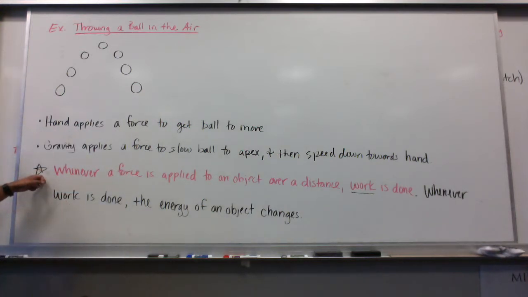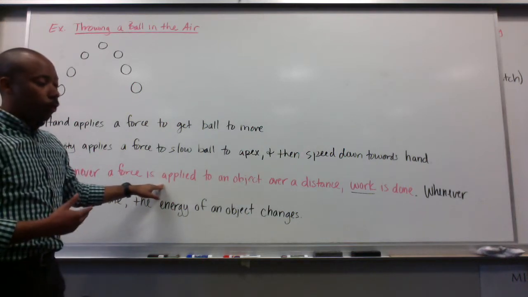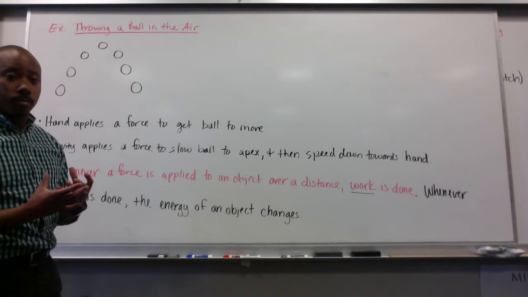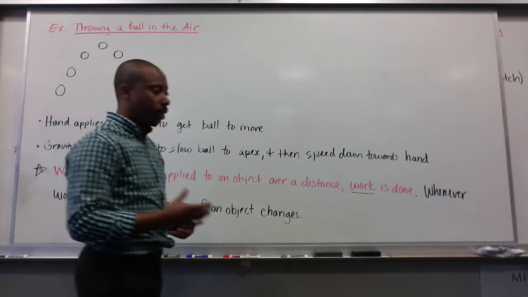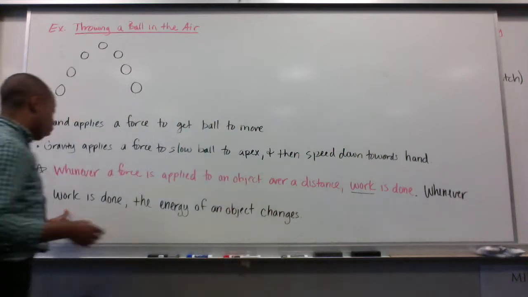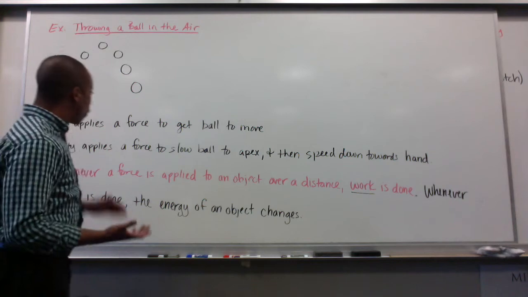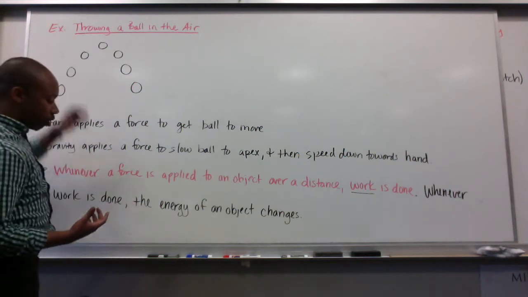Key point here: whenever a force is applied to an object over a distance, we call that work. So when people say do work, that's what they mean. Work is done. Whenever work is done, the energy of an object changes. So when we apply a force to this ball, the energy is changing.